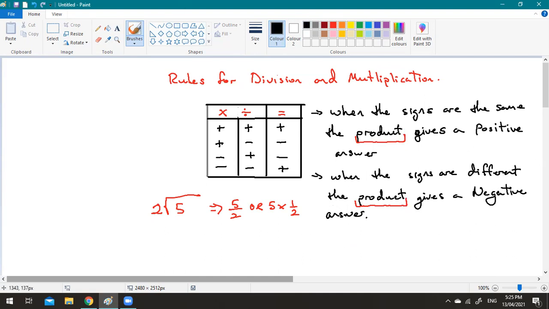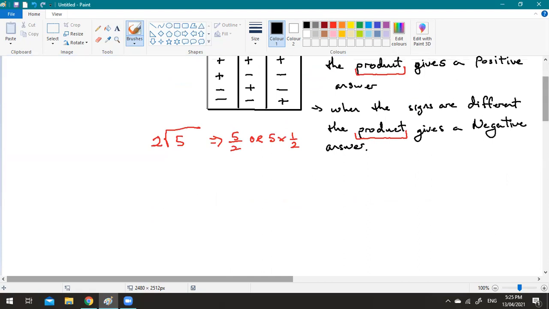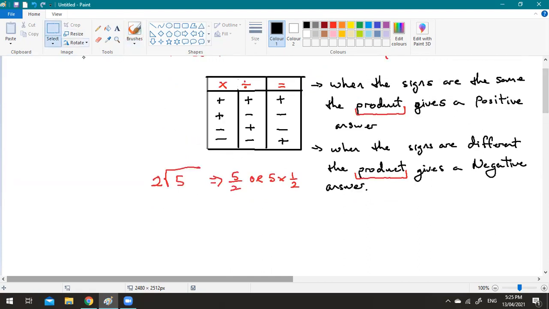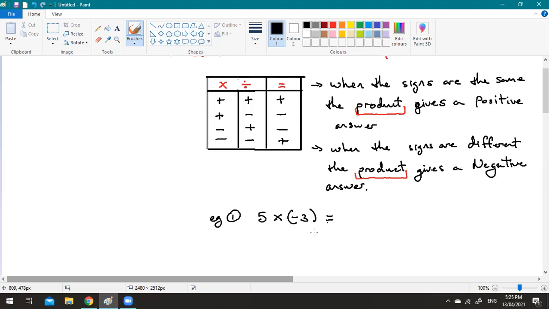Now, examples of this using the table. If we have 5 multiplied by -3, what are we going to get?